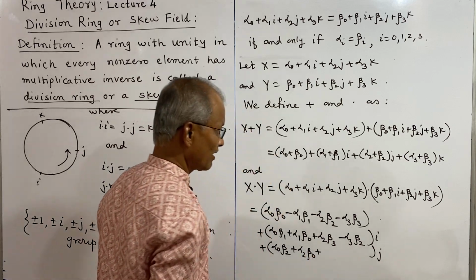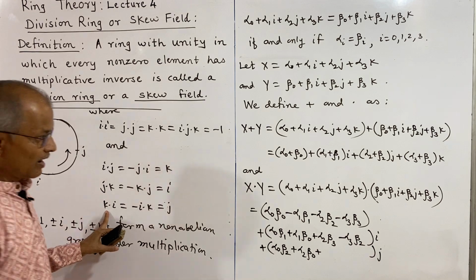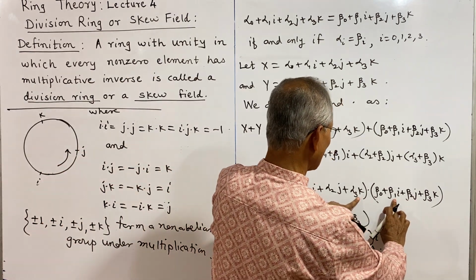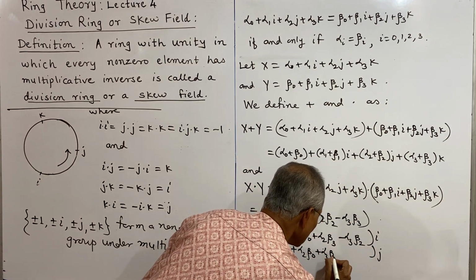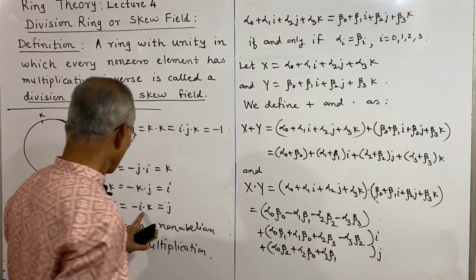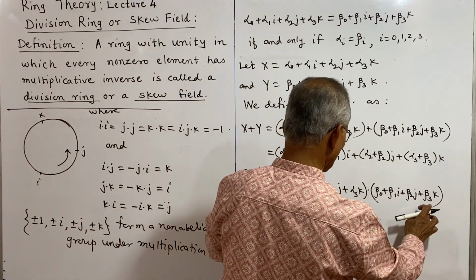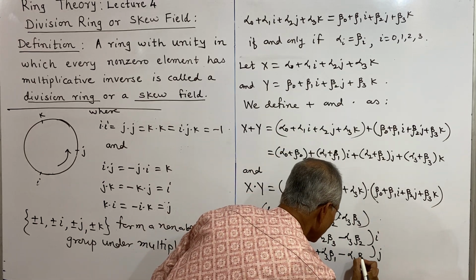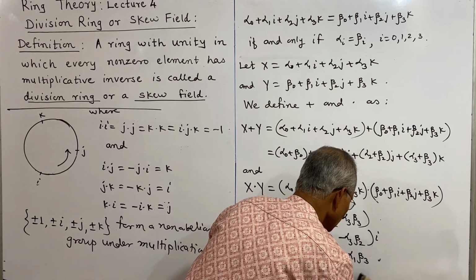And now further we will consider according to this k into i, this is k and this is i. So alpha 3 beta 1 plus alpha 3 beta 1, and now i into k with negative, that is alpha 1 beta 3 minus alpha 1 beta 3, and this is the component of j.